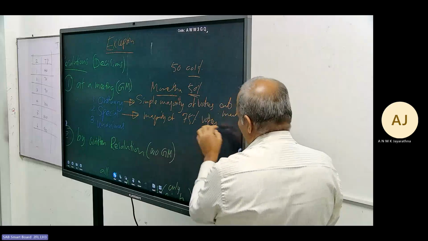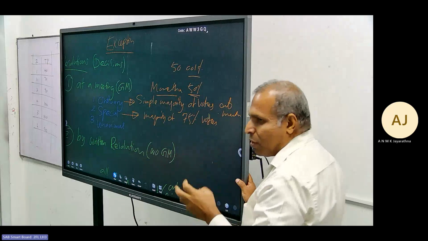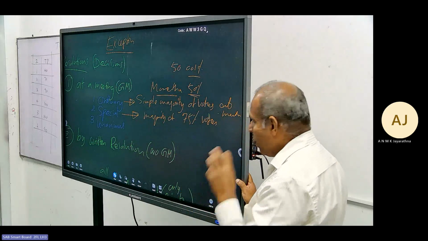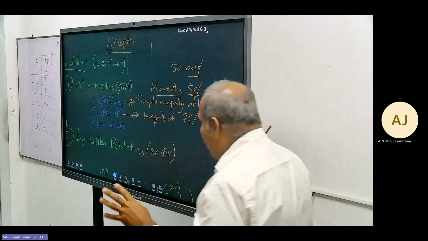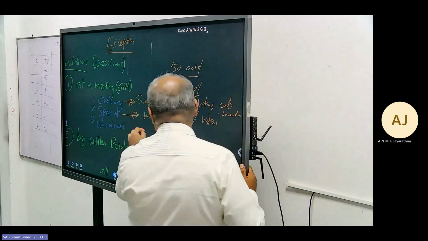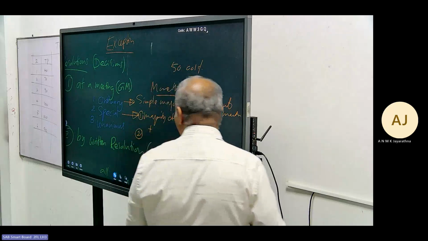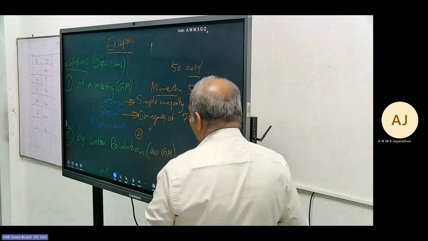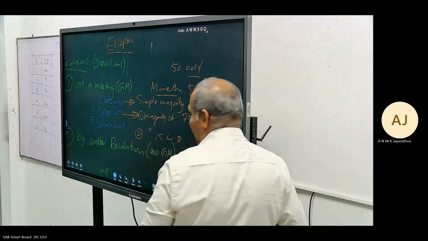I told you there are two conditions to be fulfilled in order to pass a special resolution. The second condition is that it must be passed after giving not less than 15 working days notice.